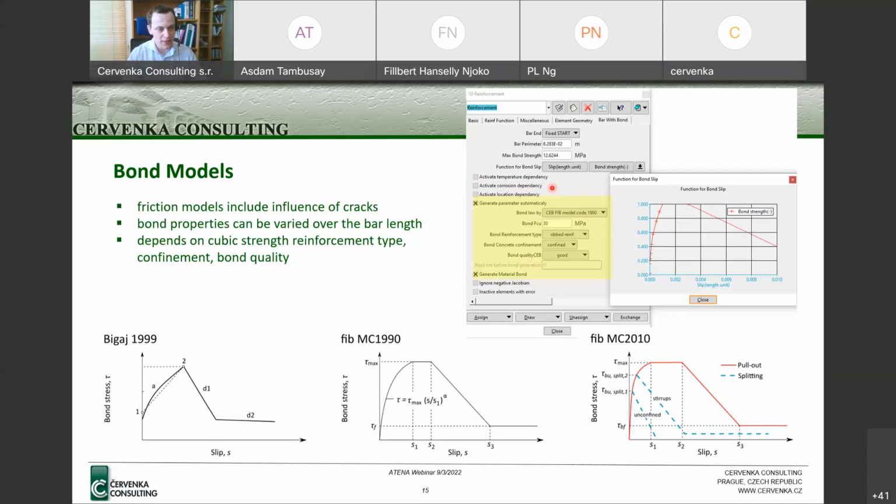So in this case, I think the best thing would be to directly input the reduced function here for the function for bond slip. So if you have the function for different corrosion degrees and just simulate the pullout load experiment, you can directly input it here and see how it affects your result.